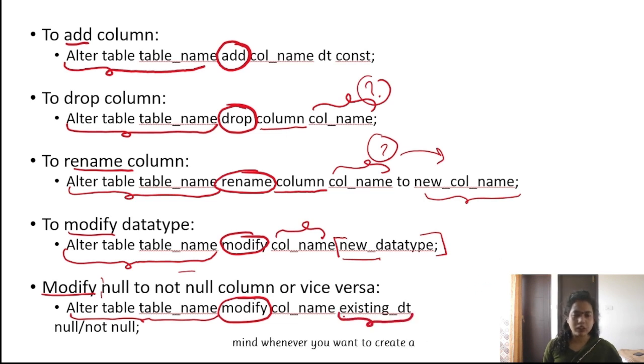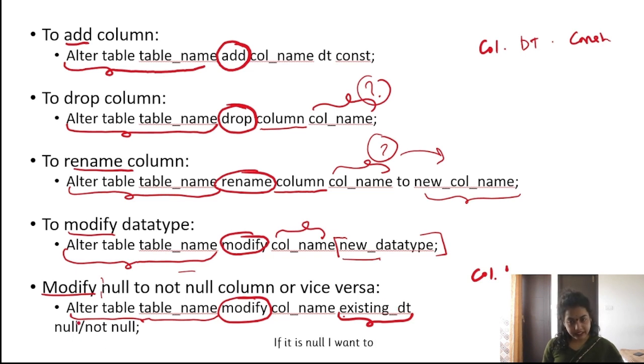Always keep in mind, whenever you want to create a column, the column name will come first, then the data type, then the constraint. Even if you want to change it also, right? So modify your column name, existing data type.